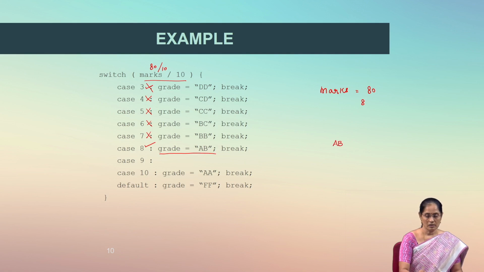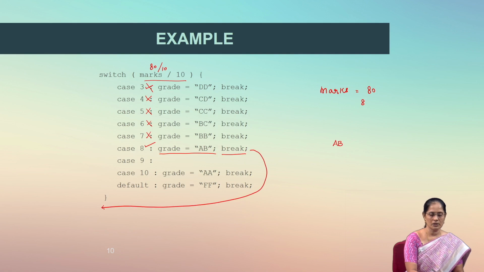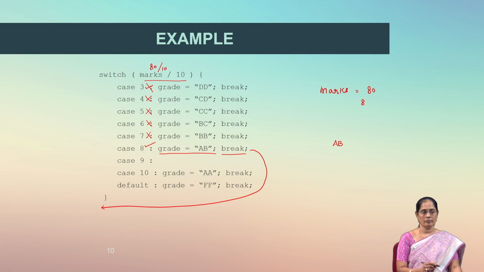Once it is done, we have to execute the break statement. When the break statement is executed, the control flow comes out of the switch statement; the switch execution is terminated. Otherwise it will consider that case 9 is also true, case 10 is also true, the default case is also true, and it goes ahead.